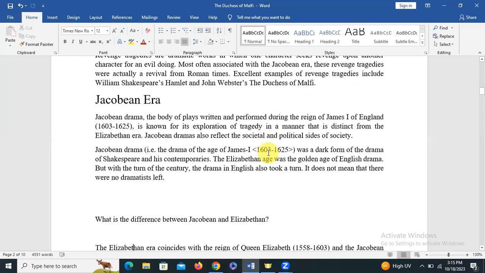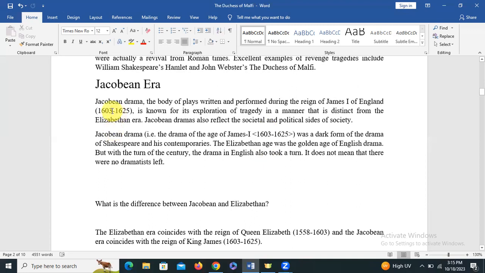Now, Jacobean era. What is the Jacobean era? Jacobean drama, or the Jacobean period, is a time period in English literature, the time when the literature we are discussing was written. Jacobean drama is the body of plays written and performed during the reign of James the First of England.